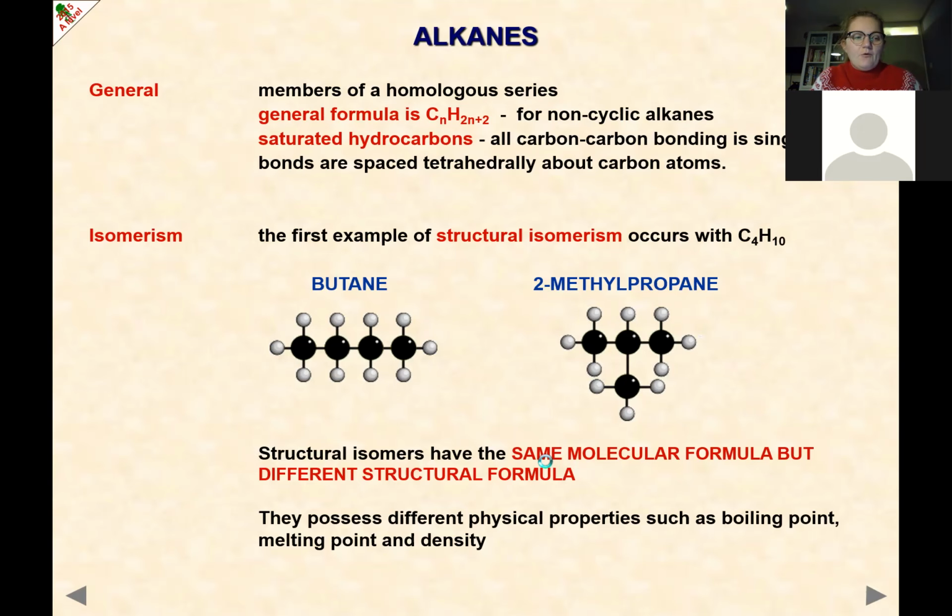So for example, C4H10 with 1 branched chain, we can actually then have 2-methylpropane. As we've just said, structural isomers have the same molecular formula, but they have a different structural formula. They possess different physical properties, such as boiling point, melting point, and density. So that's really important to remember. Structural isomers have different physical properties.